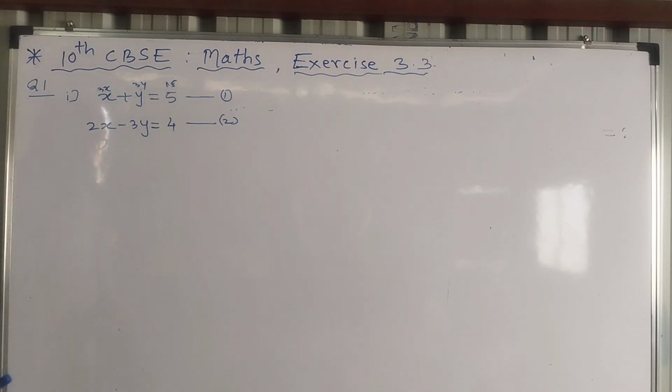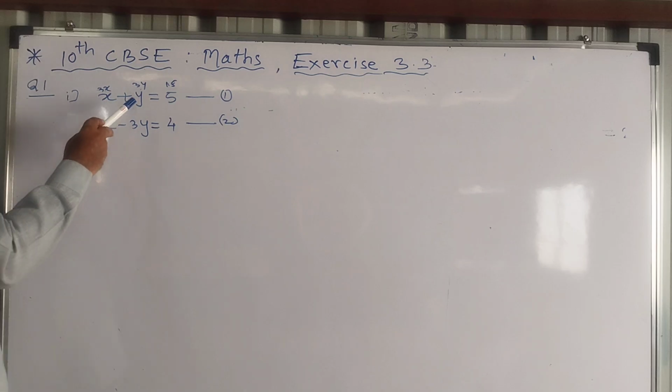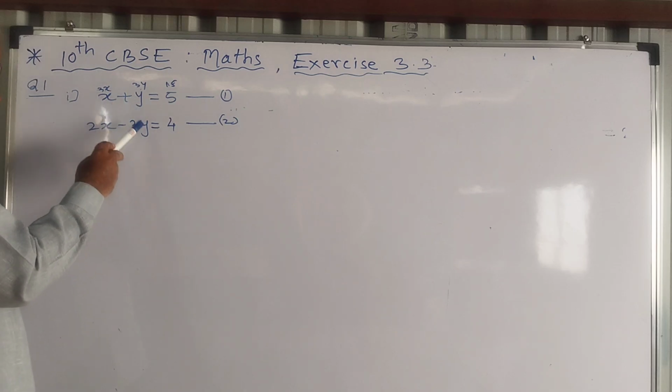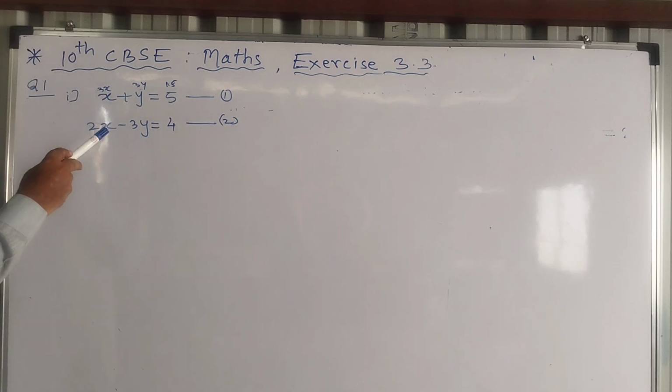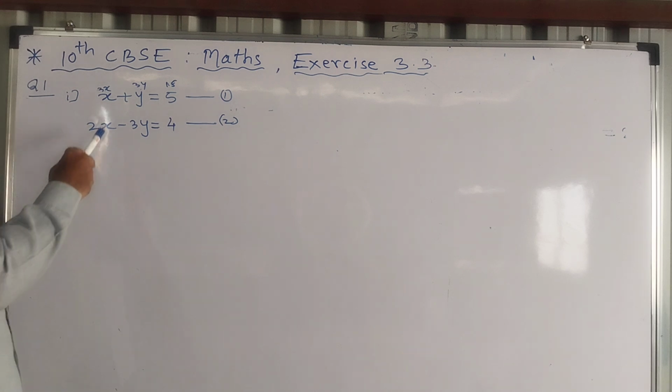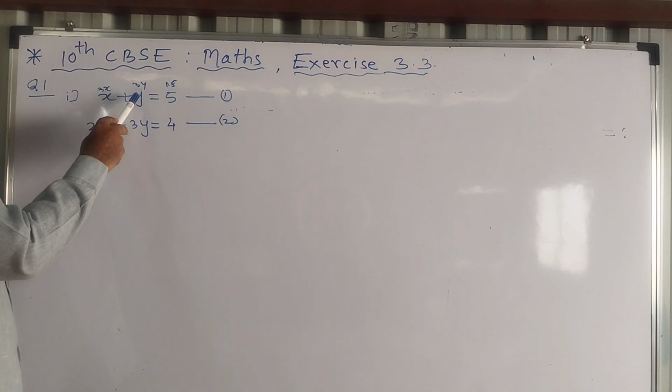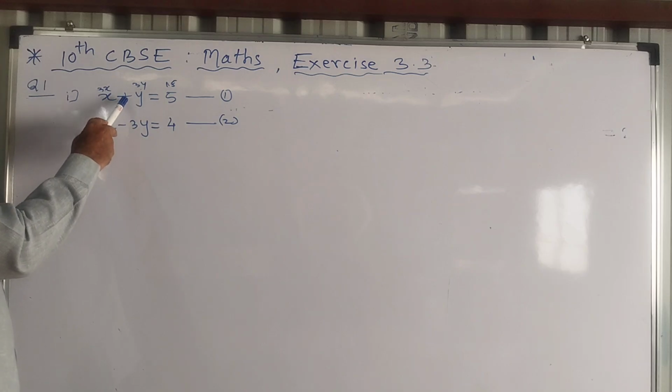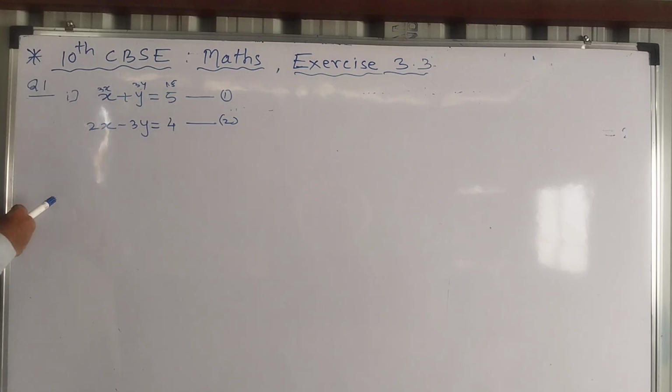But see, if you multiply equation 1 by 3, you get the coefficient of y the same, and along with that we see that the sign of y in equation 1 is plus and in equation 2 it is minus. So it is better to make the coefficient of y equal because the signs are already different. So one step we are avoiding because there is no need to change the signs after making coefficients equal.